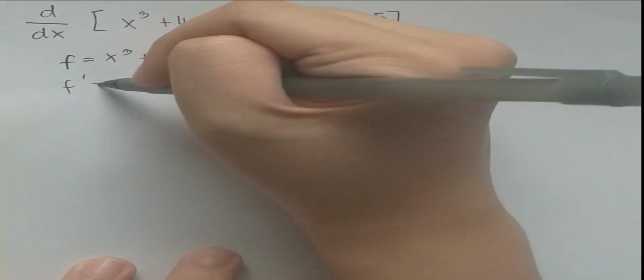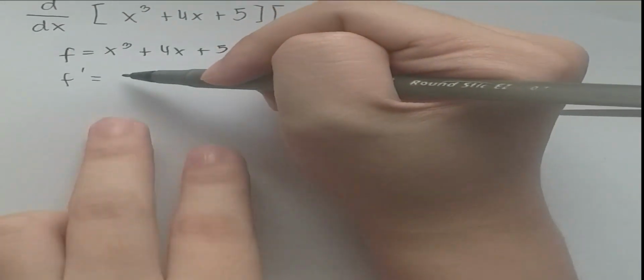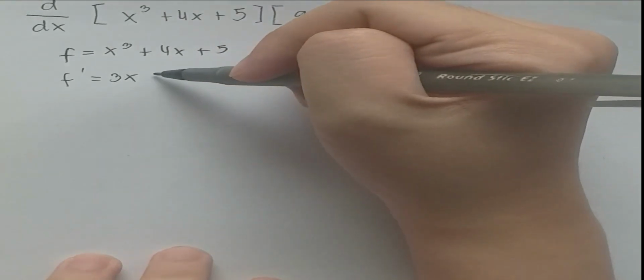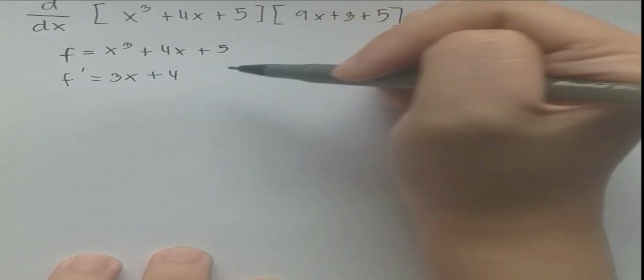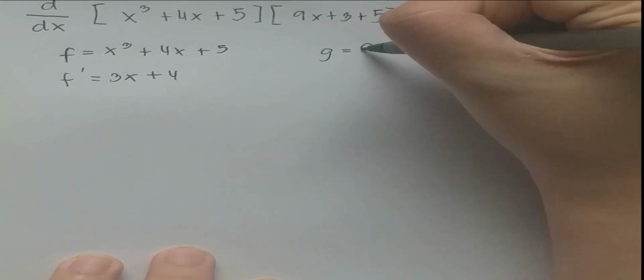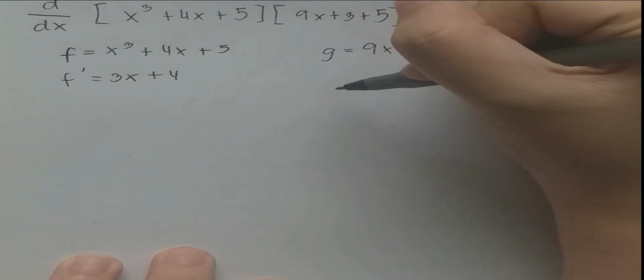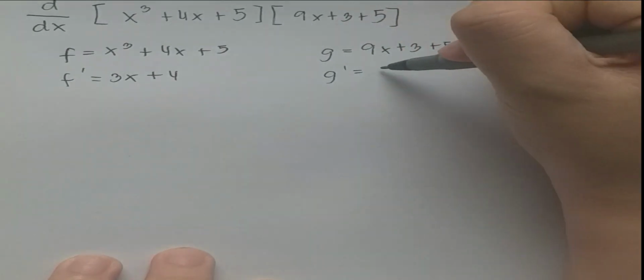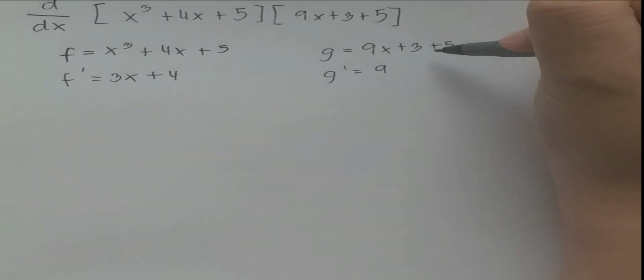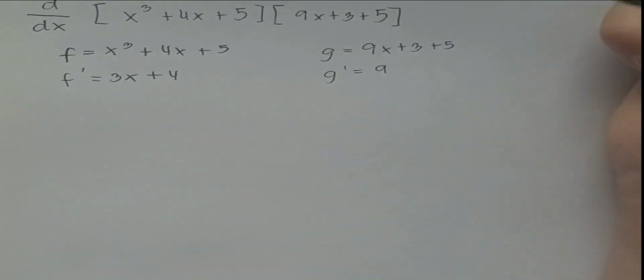And our f prime is 3x plus 4, and our g is 9x plus 3 plus 5. Our g prime is 9 because a constant is always 0.